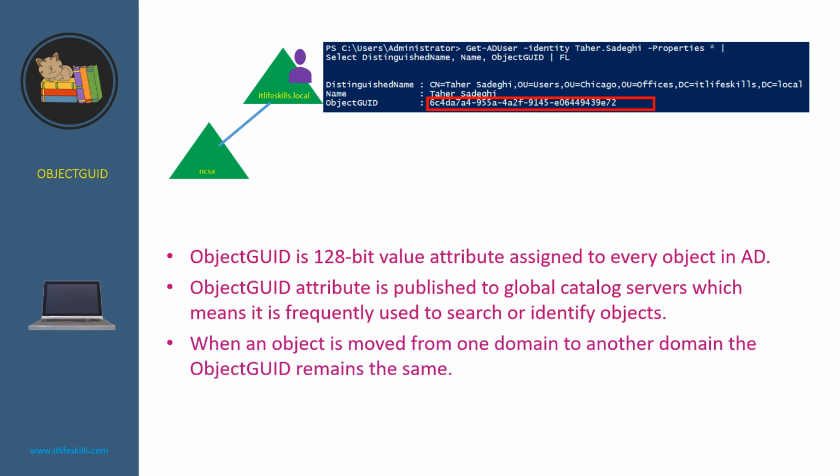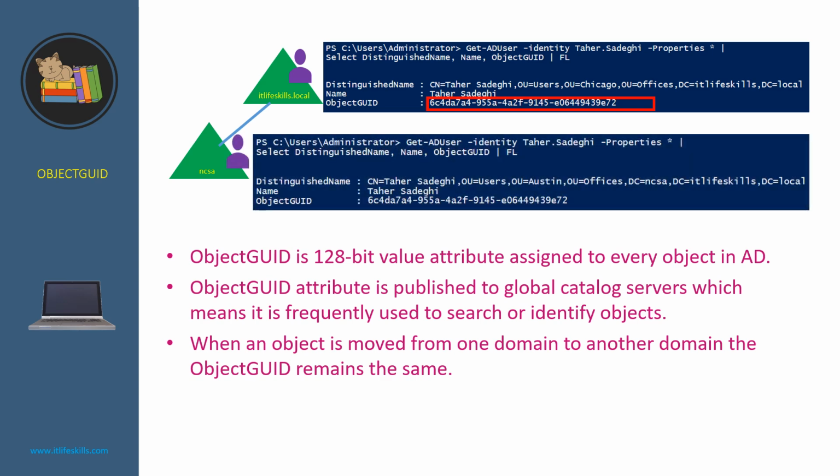When an object is moved from one domain to another domain, the object GUID remains the same. For example, this user is in itlifeskills.local domain. When it moves to ncsas.itlifeskills.local domain, its object GUID remains the same.